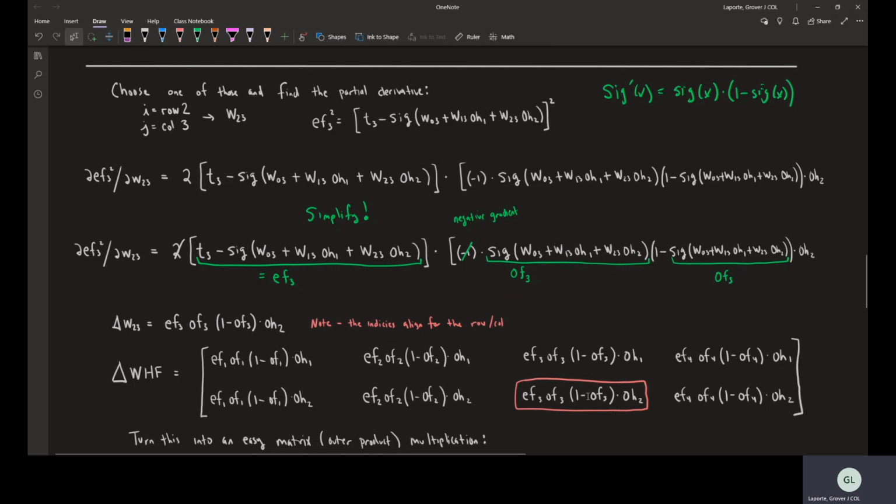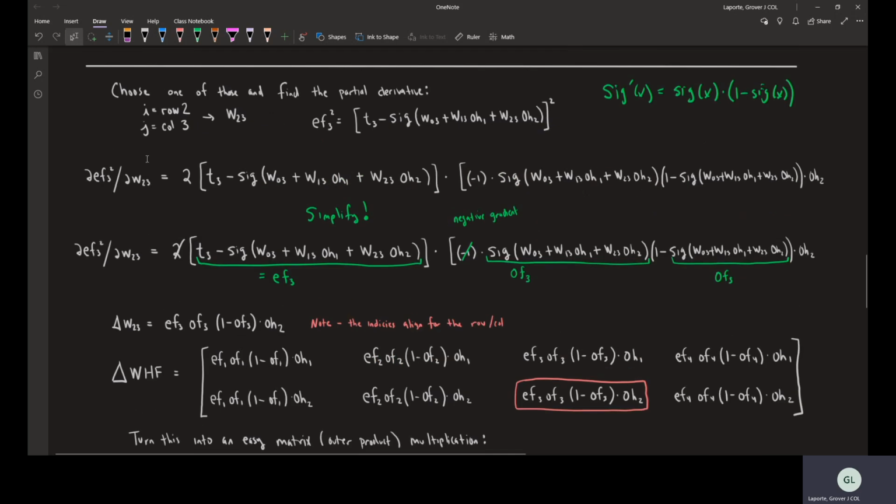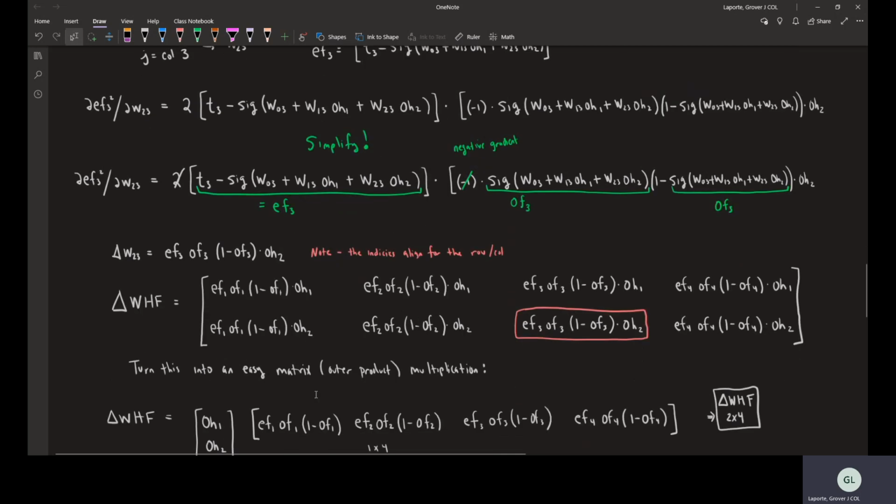So this should be W23. And then if you did this same process and chose row 1, column 1, row 2, column 1, row 1, column 2, row 2, column 2, and so on and so forth, you would get all of these values that are in this matrix.